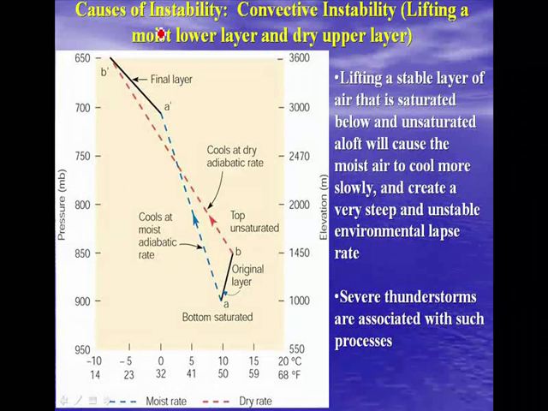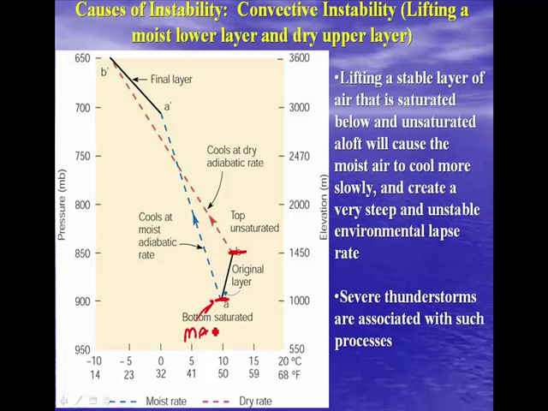Yet one other way of causing instability is what we call convective instability. Again, we have layers here in the atmosphere, but the bottom layer is saturated. So it's going to change at the moist adiabatic lapse rate, which is 6 degrees Celsius per kilometer. Again, this is how temperature changes. It decreases 6 degrees Celsius for every kilometer in height.